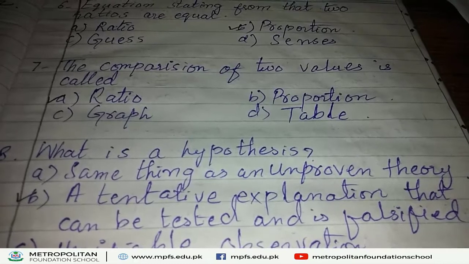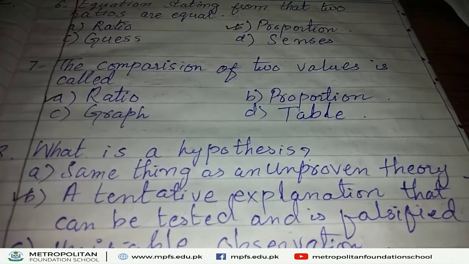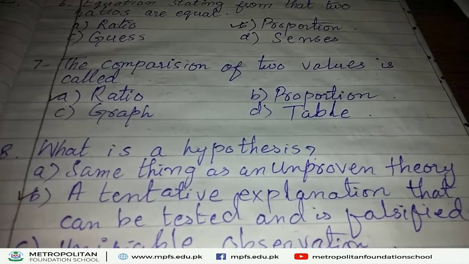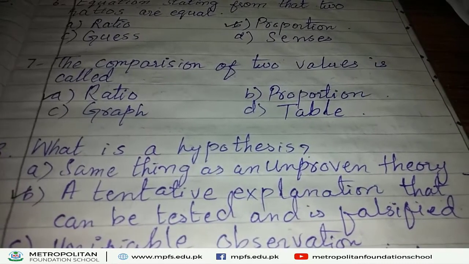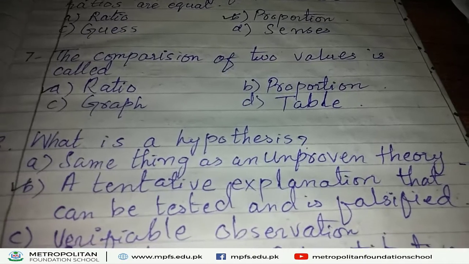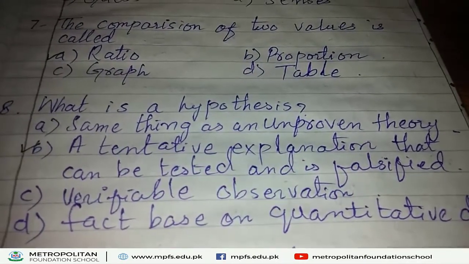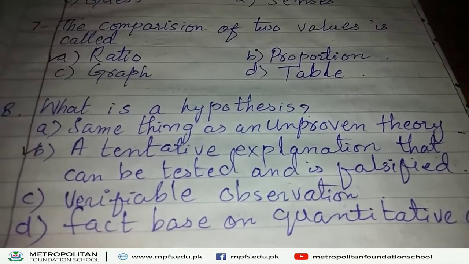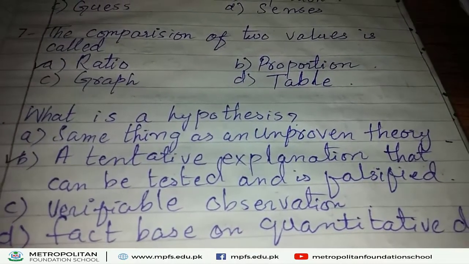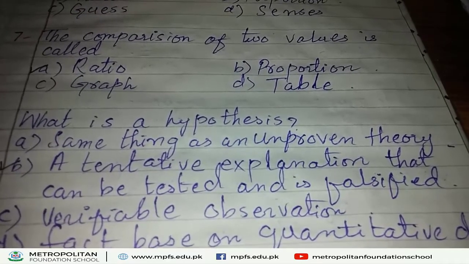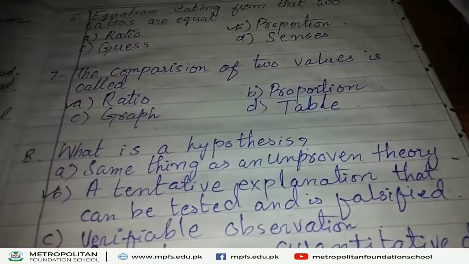So they gave their statement, that is, Plasmodium causes malaria. It is the hypothesis of scientists. So students, what is hypothesis? Hypothesis is a tentative explanation that can be tested and falsified. This is called hypothesis.